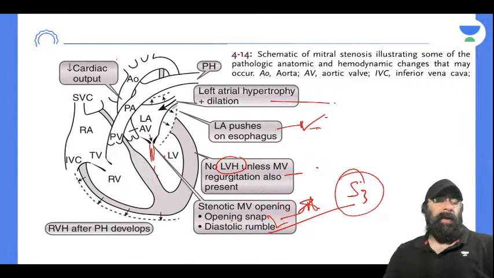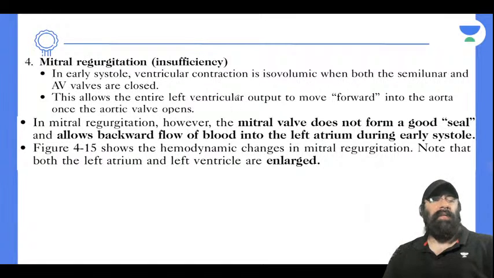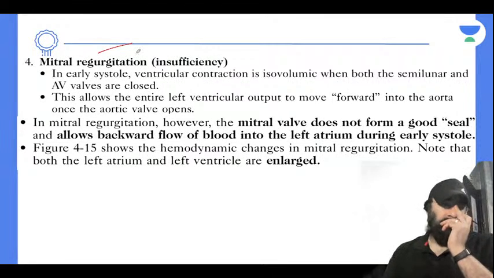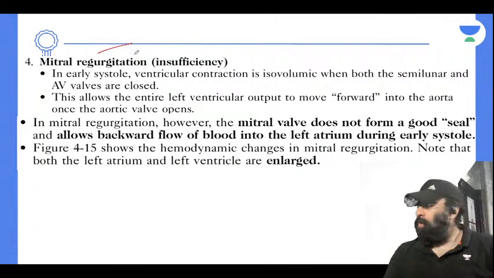Okay, and RVH will also happen if PH, pulmonary hypertension, develops. So this is the schematic representation which I've already explained. LVH can happen only if there is mitral regurgitation. If there is no mitral regurgitation, no LVH will happen.